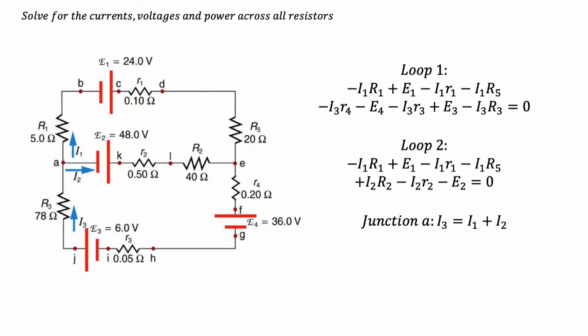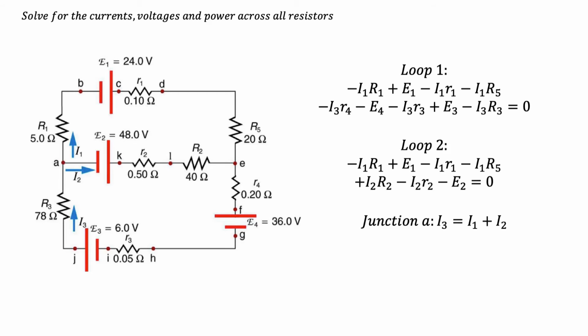To solve the problem, we need to compute for the currents I1, I2, and I3. If we now apply Kirchhoff's rules, specifically the loop rule, we get the following equation for loop 1: I1 R1 plus E1 minus I1 r1 minus I1 R5 minus I3 r4 minus E4 minus I3 r3 plus E3 minus I3 R3 equals 0.